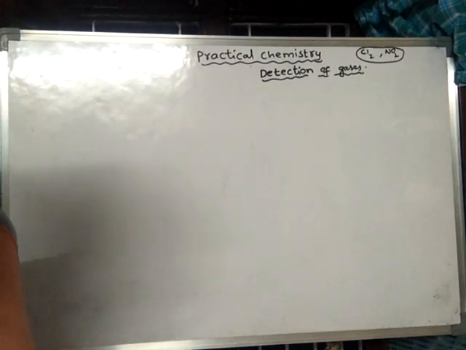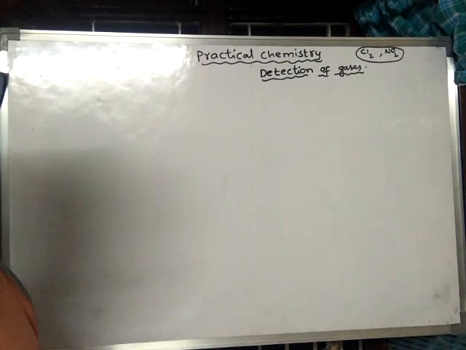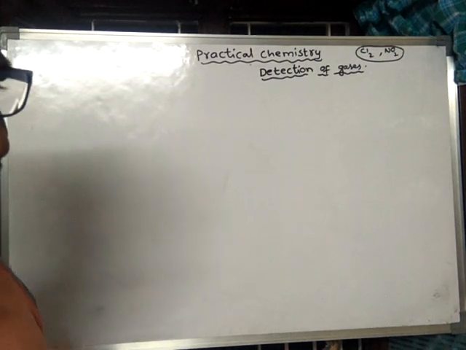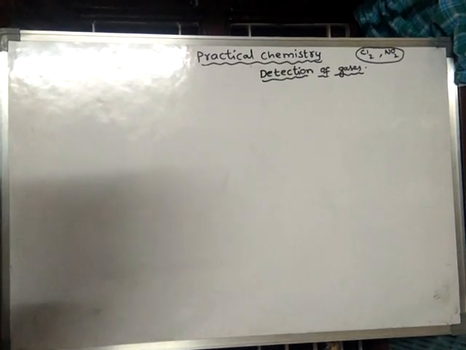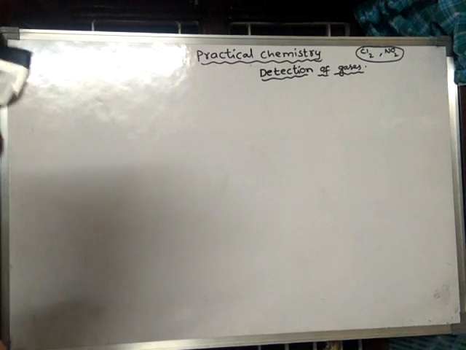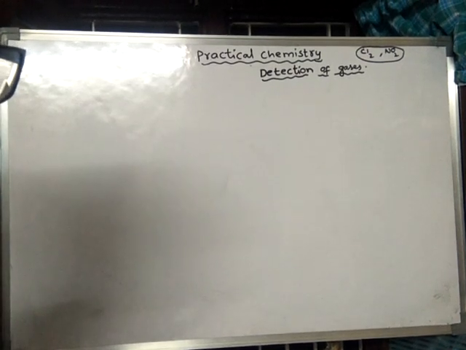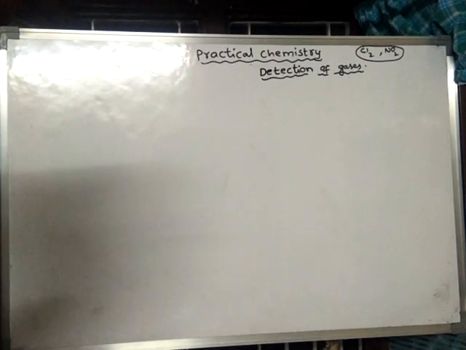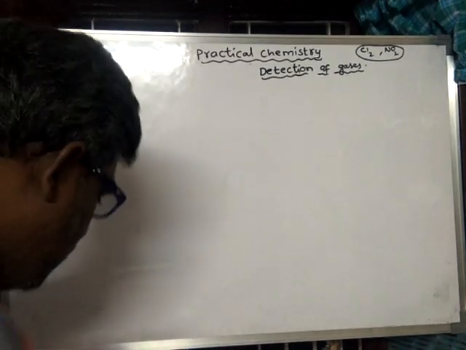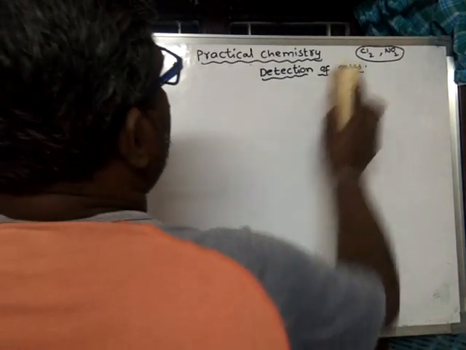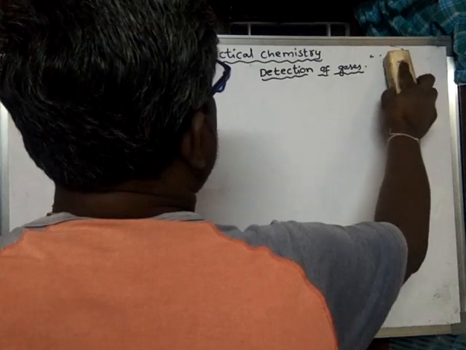Next is the litmus test. Based on the litmus test, we can classify the gases into three types: acidic gases, neutral gases, and basic gases. Out of the 11 mentioned gases, ammonia gas is basic in nature.